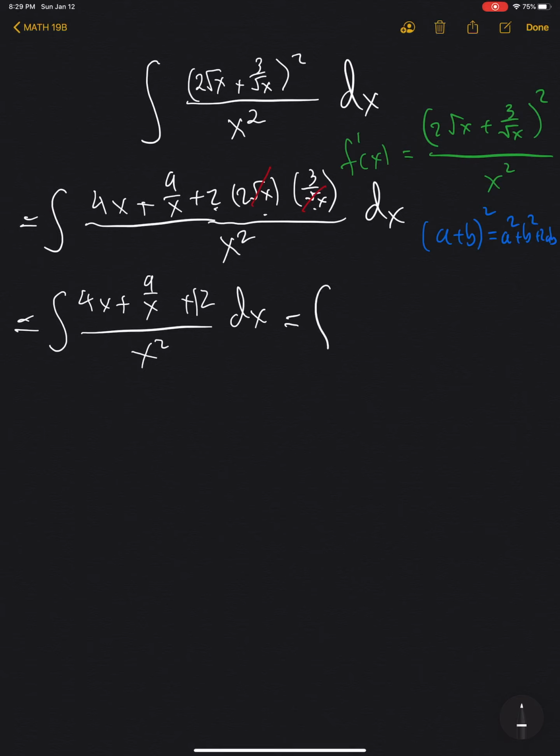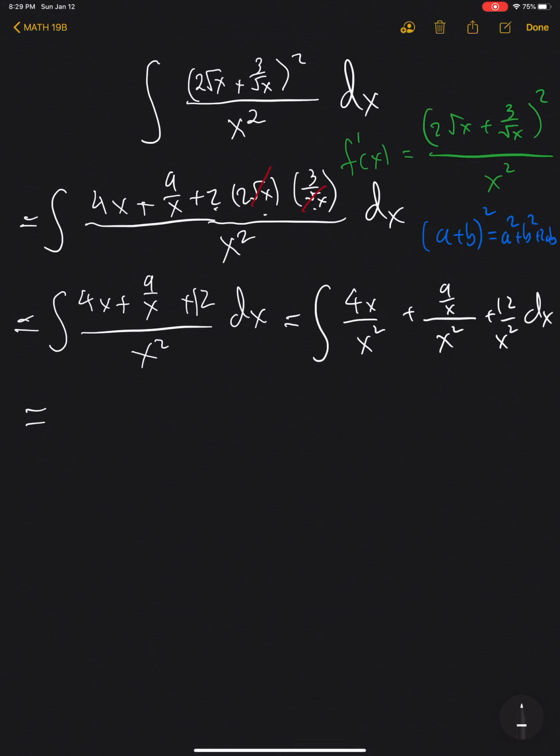Now this is a very important trick. I want to distribute this division by x squared. In other words, I'm going to separate it into three different fractions: 4x divided by x squared, plus 9 over x divided by x squared, plus 12 divided by x squared, dx.